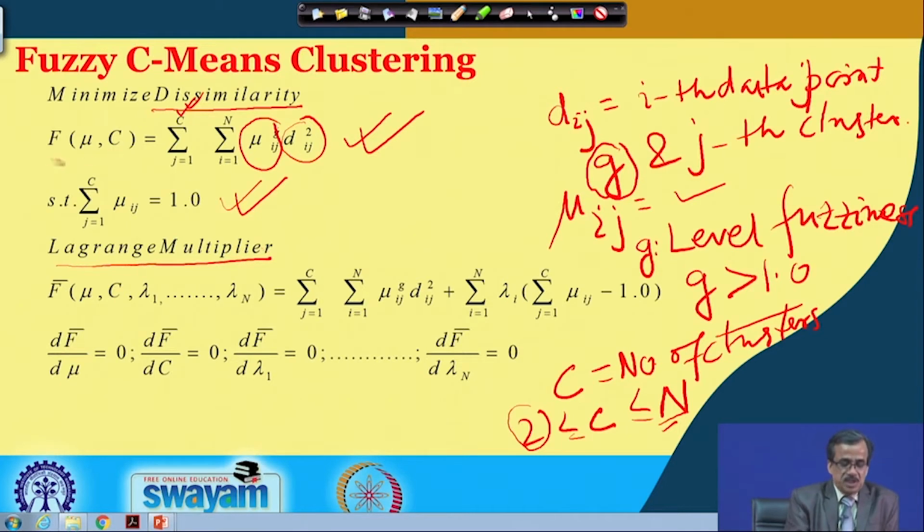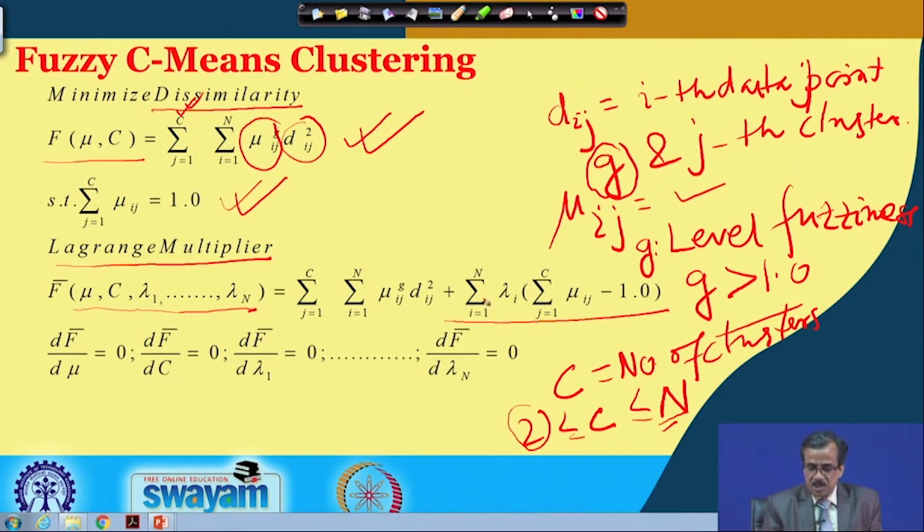So, what we do is, this objective function is written in a slightly different form, and that is nothing but your f bar (mu, c, lambda 1, lambda 2, up to lambda n), and this is nothing but summation j equals 1 to c, summation i equals 1 to n, and I will have to write the expression for the objective function, that is mu_ij raised to the power g, d_ij square, and we add the term corresponding to the functional constraint, that is summation i equals 1 to n lambda_i, then comes summation j equals 1 to c mu_ij minus 1.